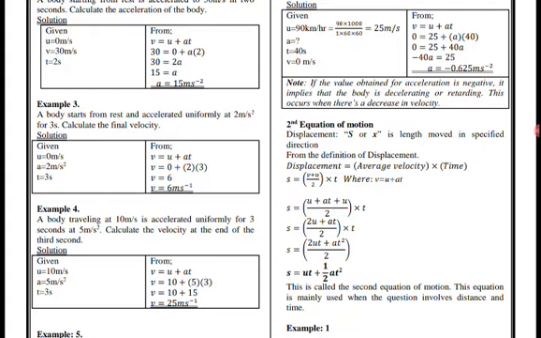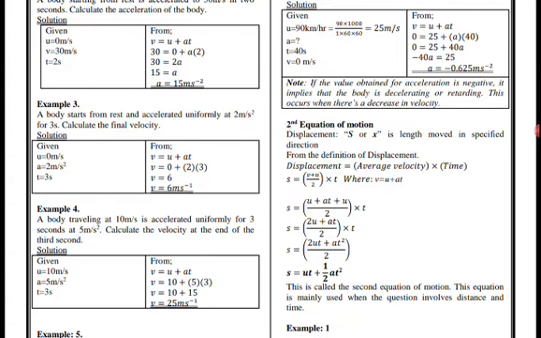So we develop this equation from the definition of displacement, and displacement is got from average velocity times time. Average velocity, as calculated above, we got from final velocity plus initial velocity divided by 2, times time.